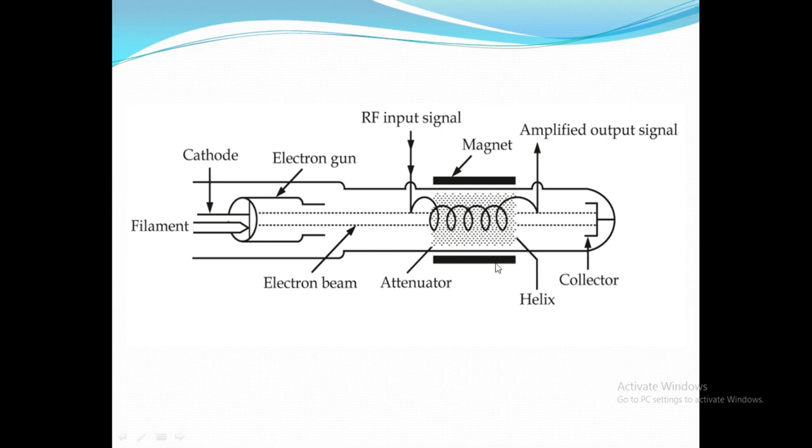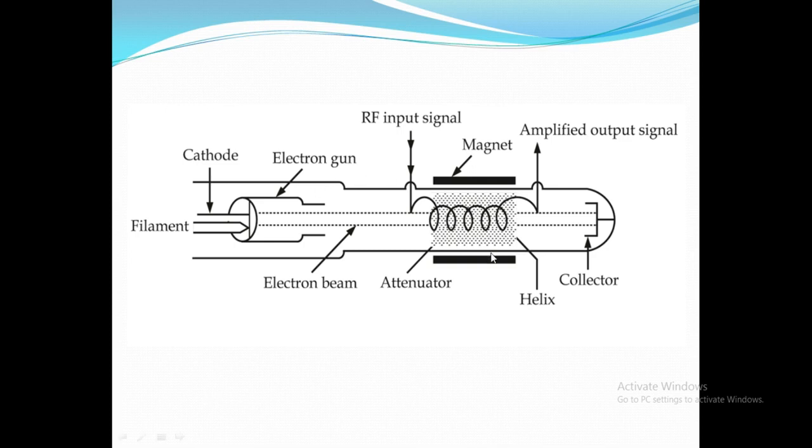The RF field due to the RF signal travels with the velocity of light multiplied by the ratio of helix pitch to helix circumference. The interaction takes place between the electron beam and the RF field as they travel through the helix, and the electron beam delivers energy to the RF wave on the helix.